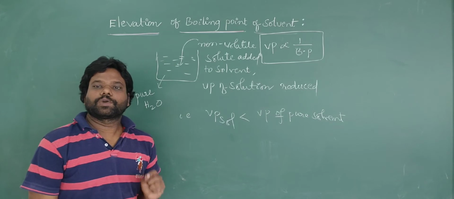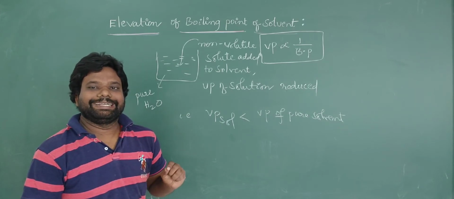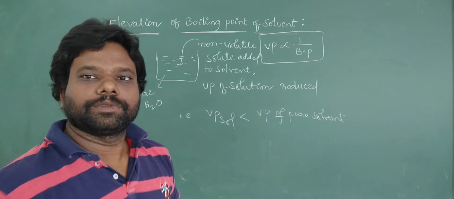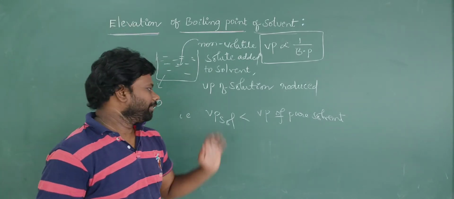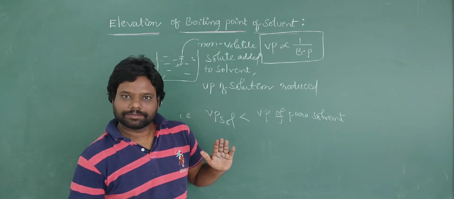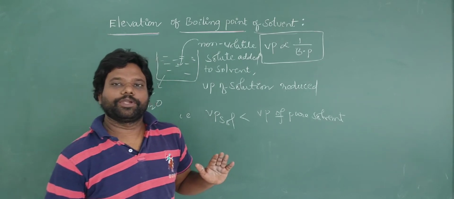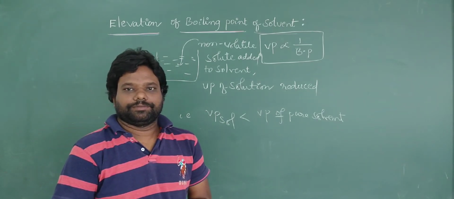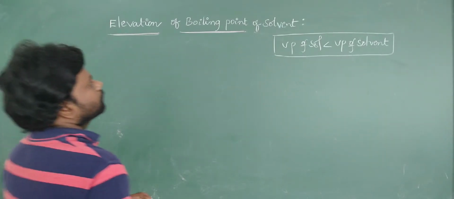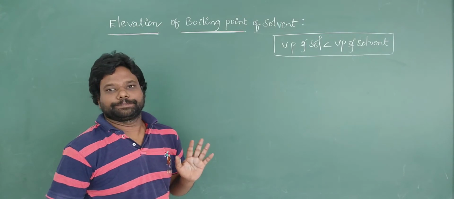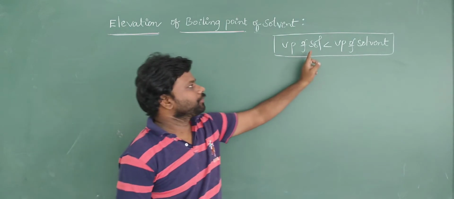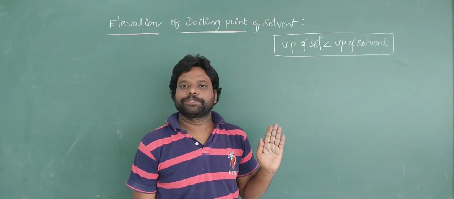Now, the graph is drawn between vapor pressure and temperature, and based on this graph we will explain elevation of boiling point of the solvent. Vapor pressure of solution is lesser than the vapor pressure of pure solvent.